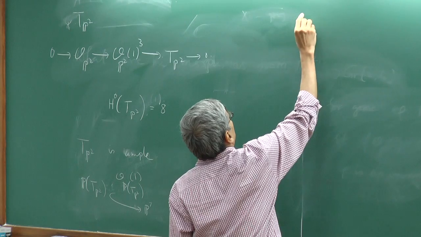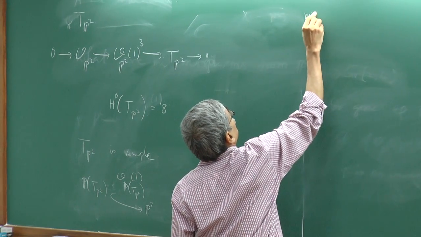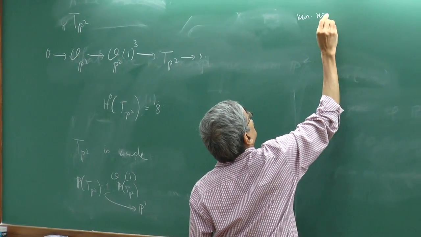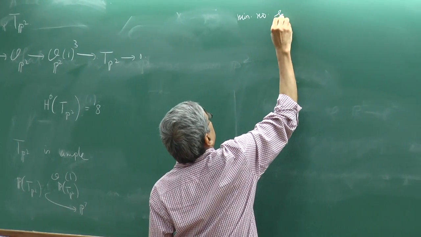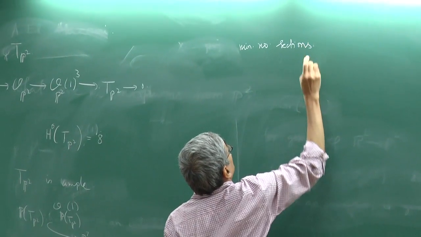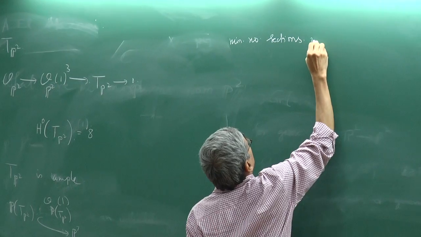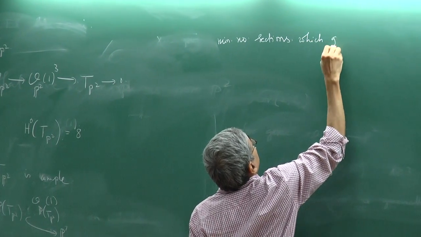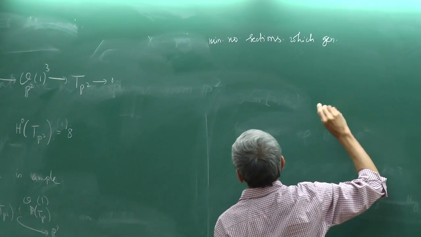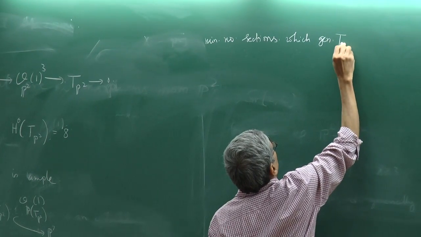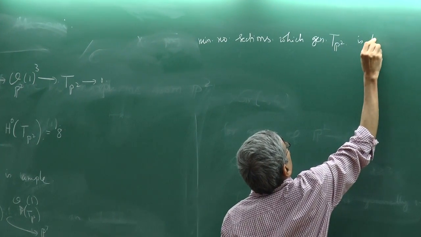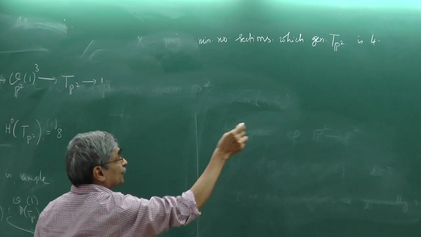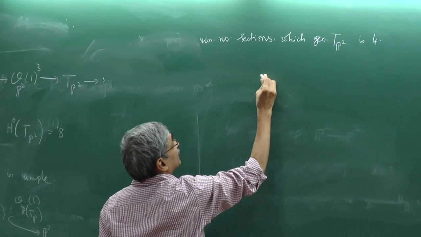So because it's generated by sections and ample, the minimum number of sections which generate TP2 is 4, and one can show that there are 4 sections which generate that.